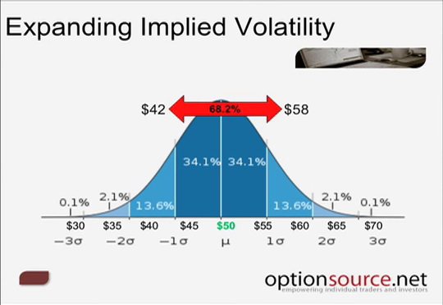Now, what happens is if we look at this curve widening out, we in fact should stretch this top part out as well, because as that implied volatility increases, the at-the-money options here, in the case of the underlying being at 50 and a 50 strike, will also increase in value. So again, not only will the distribution curve expand outwards, but it will also move upwards as well, and all of the options will be adjusted accordingly.